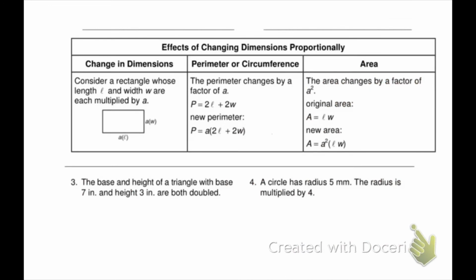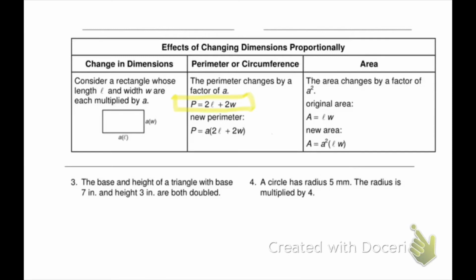So we look at this next box here. Let's say that we took a rectangle whose dimensions are length and width. That's our original shape. Length and width are the dimensions. Let's say I take the length and width and multiply it by a factor of a. Multiply by a right there. What happens to the perimeter and the area? When we look at this, if we're just doing our basic algebra, let's just plug things in. If I calculate the perimeter of the original one with just length and width, that would be the perimeter of the original.